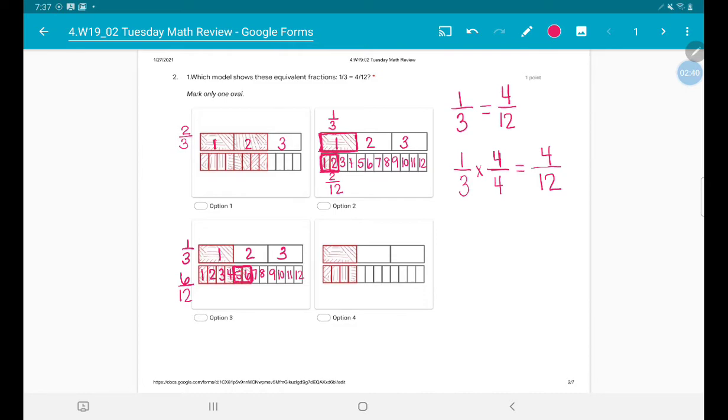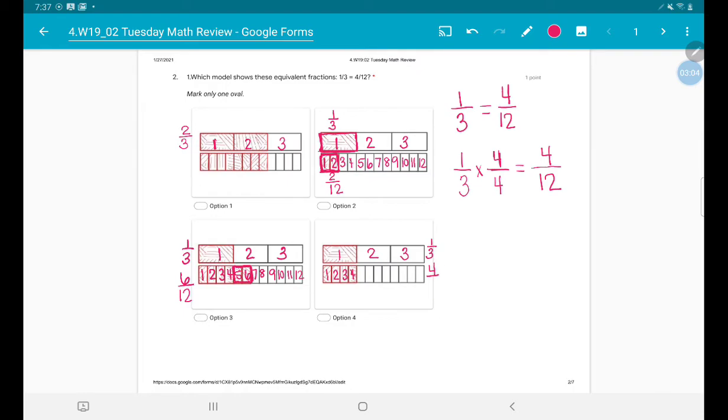Option 4, I have the same amount shaded. I can see that the top model and the bottom model both have the same amount. In the top, there's 1, 2, 3 equal pieces, and one of those pieces is shaded, so that represents 1/3. And in the bottom, there's 1, 2, 3, 4 pieces shaded.